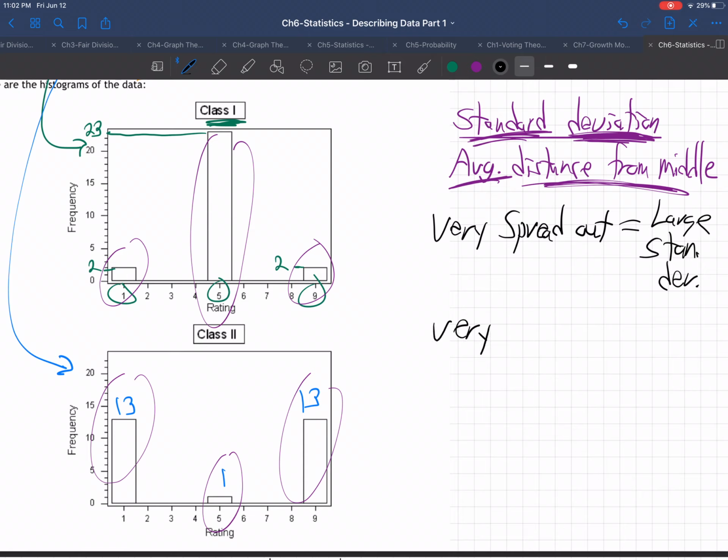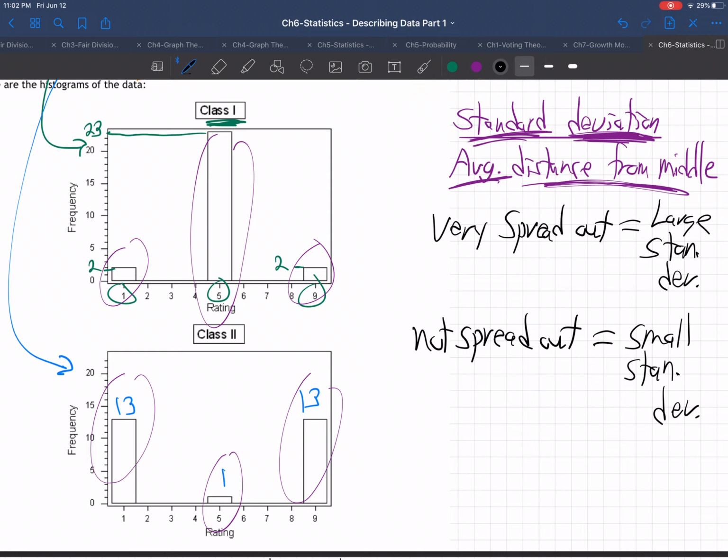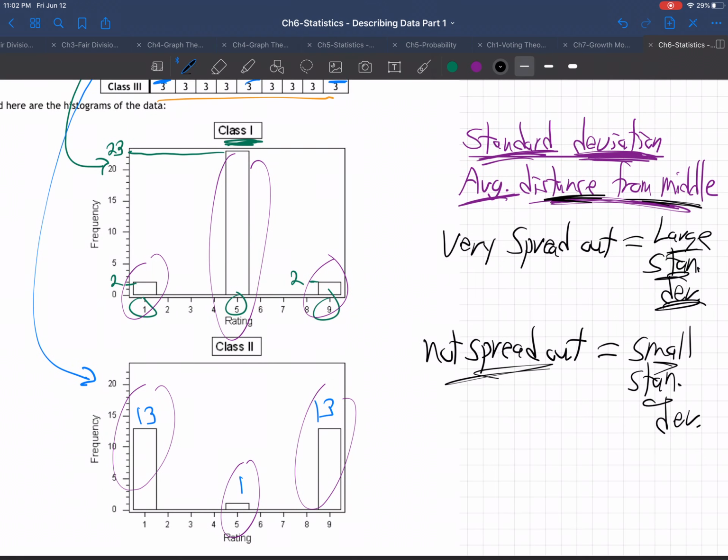And if the data is not spread out, it's very clumped in the middle, it's piled together, then that's a small standard deviation. So standard deviation is a measure of spread, because it's the average distance from the middle. So data that's spread out more, large standard deviation. Not spread out, small standard deviation.